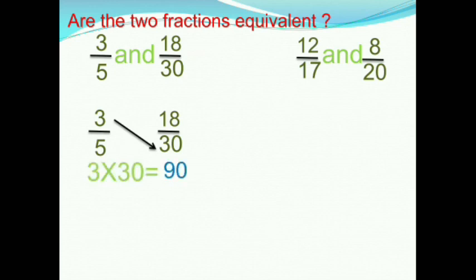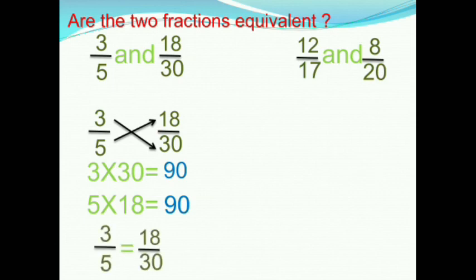Now we should multiply 5 and 18. 5 multiplied by 18 is equal to 90. Now we got the two products as 90. Both are equal. Therefore, 3 by 5 and 18 by 30, both the fractions are equivalent.